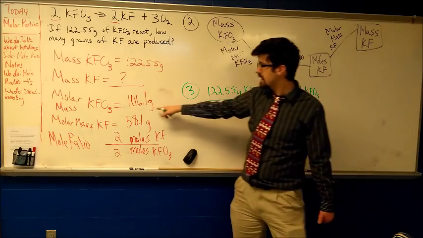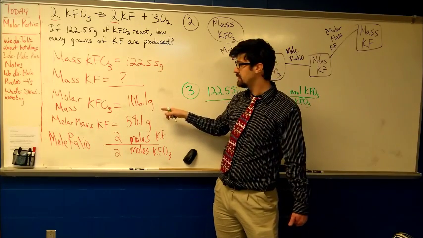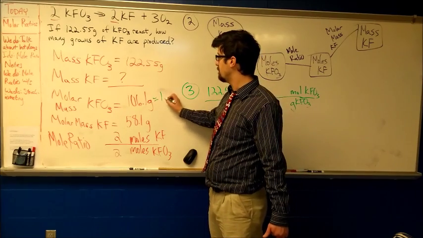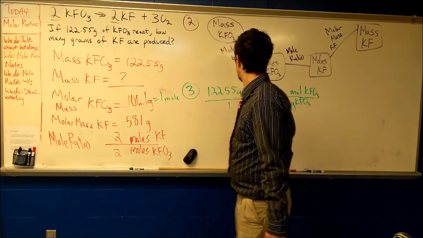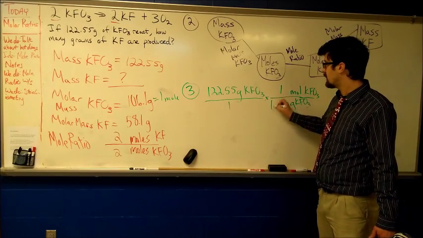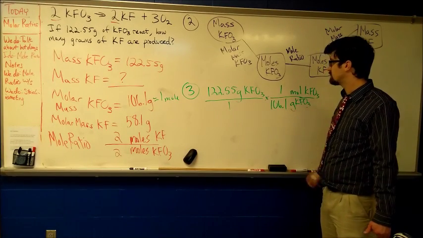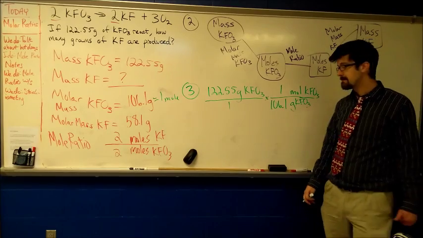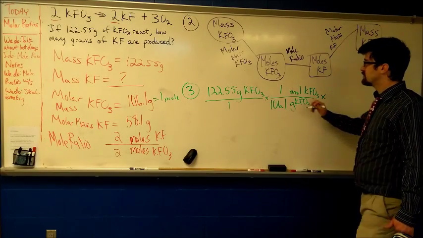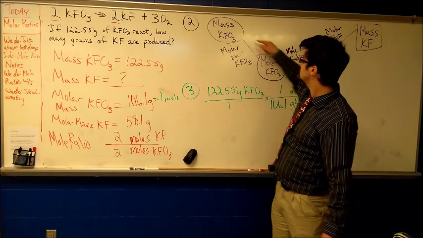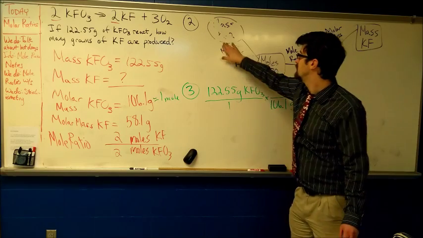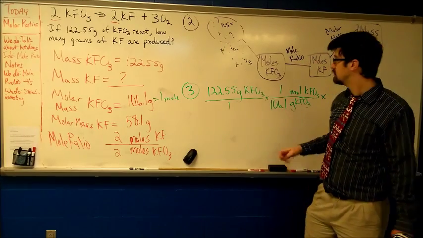So that's this number right here, this 106.1. 106.1 grams is equal to 1 mole. So 1 mole of KFO3 is going to be 106.1 grams of KFO3. Okay? So that got us from mass to moles. We've got that part done.